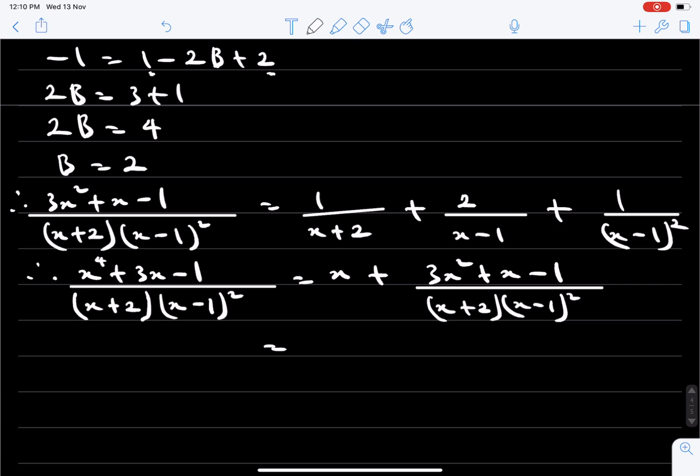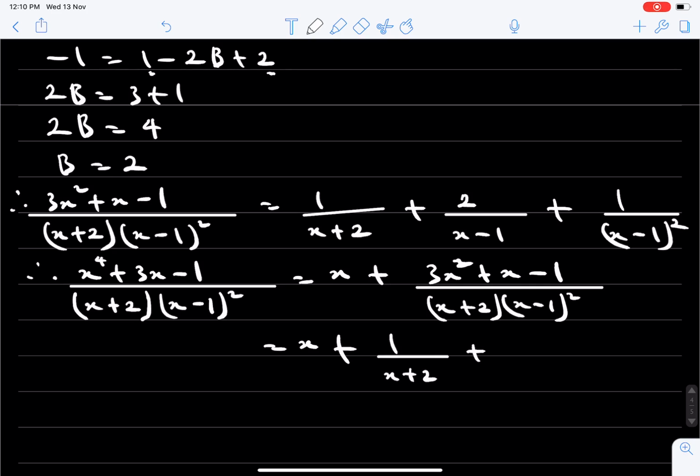This was what I obtained when I divided the numerator by the denominator, and the final answer will be x plus the result of the partial fractions into which the proper fraction has been split. So that's x plus 1 over x plus 2 plus 2 over x minus 1 plus 1 over x minus 1 squared, which is the final answer.